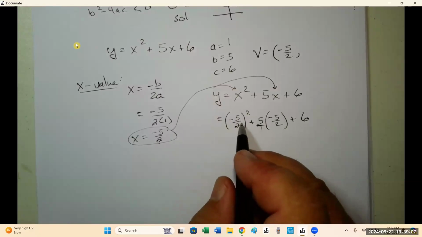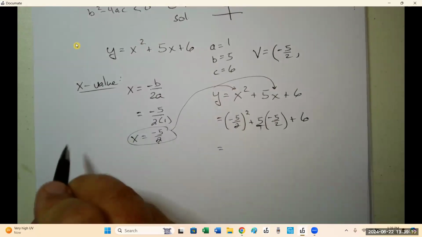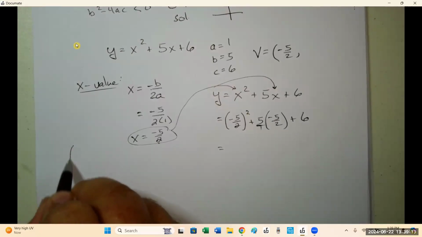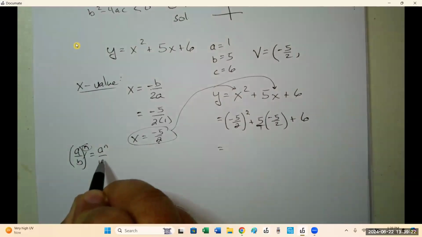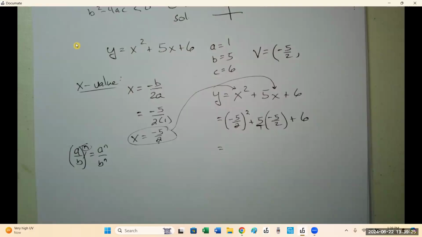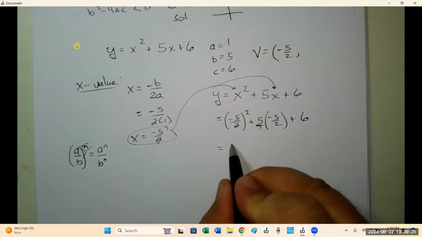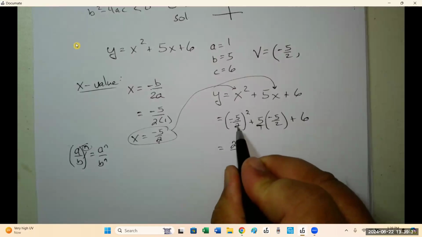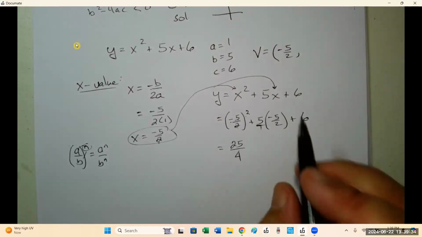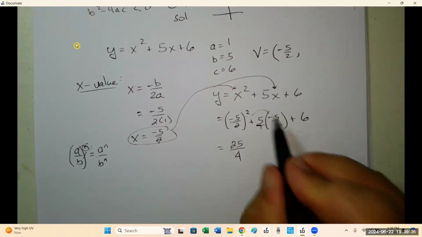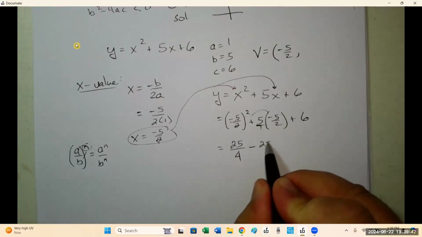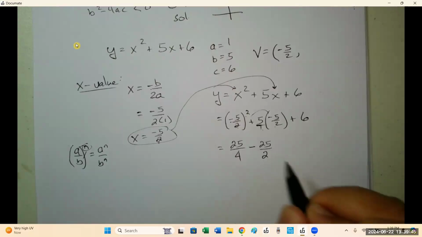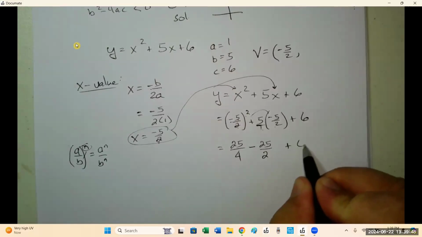In this first one, because we're using the distributivity rule also, if we have a fraction raised to a power, then that power goes to both top and bottom. So negative 5 squared is 25. 2 squared is 4. Positive times negative is negative. 5 times 5 is 25. 1 times 2 is 2. Plus 6.